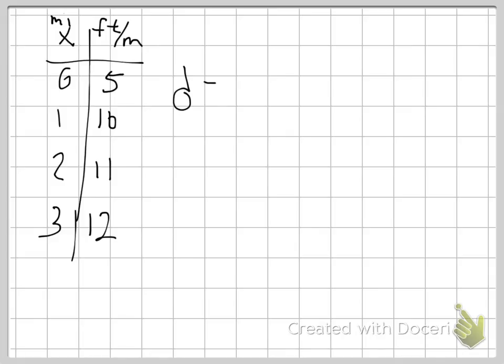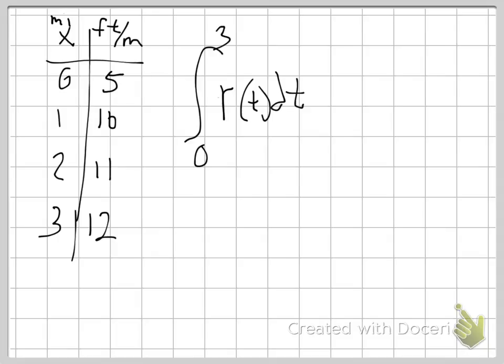So that would be the integral. Here, let's set it up even. Integral 0 to 3, and let's say that's r of t dt. Okay.